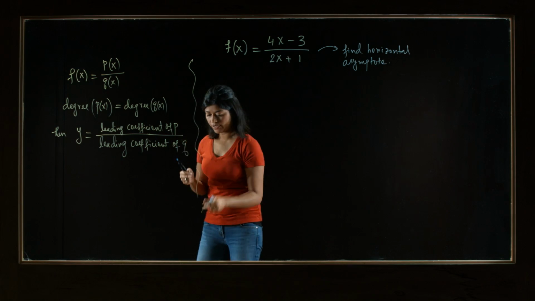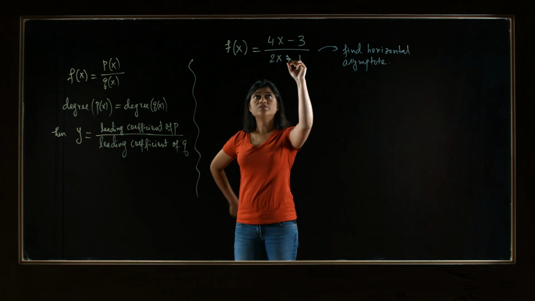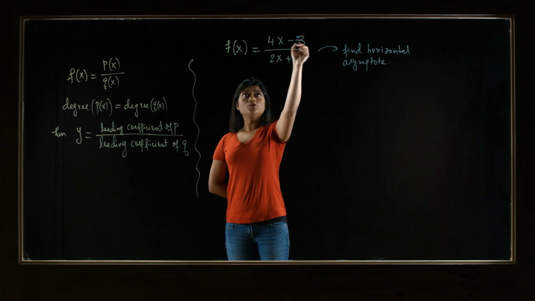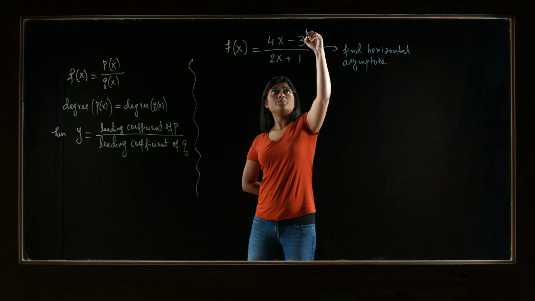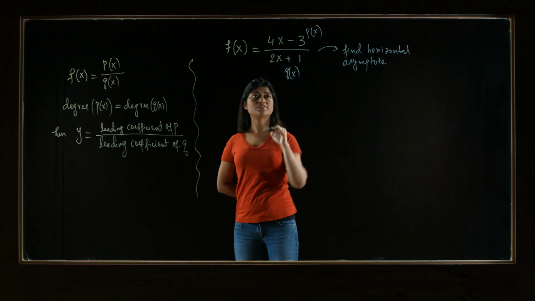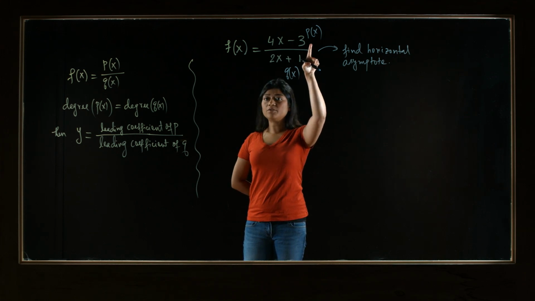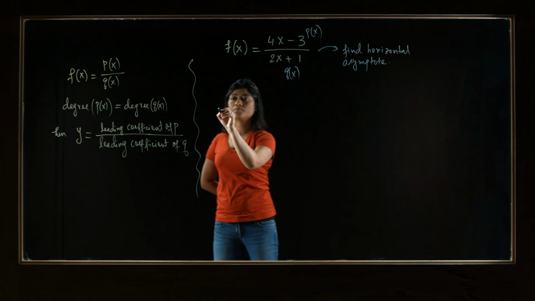So, let us go back here and try to understand this function that we have. It is rational, and so the numerator function is our p(x) and the denominator function is q(x). Let us figure out the degree of p and the degree of q.